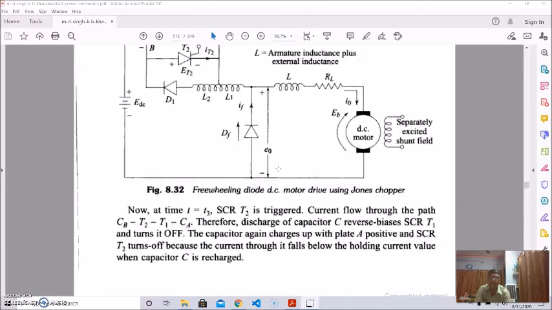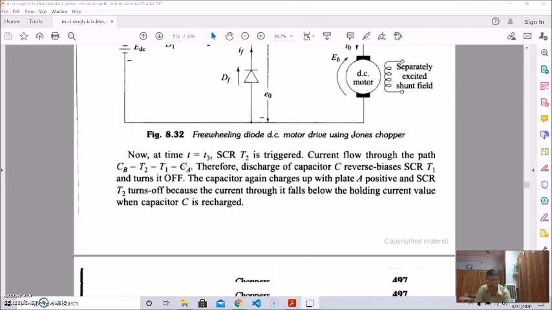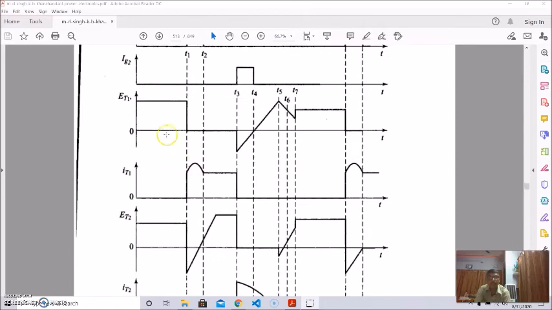So if it is forward biased, capacitor C now discharges to a value lower than EDC, and the time duration from T3 to T4 is the circuit turn off time presented to SCR T1. So that is about the operation and process of this Jones chopper.